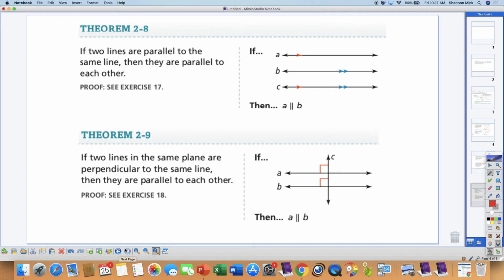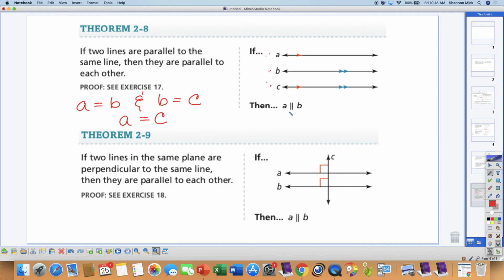This one says if two lines are parallel to the same line, then they are parallel to each other. Isn't that the transitive property? If A equals B and B equals C, does A equal C? That's the transitive property, correct? Yes. And so it just says if A is parallel to B and B is parallel to C, then A and C are parallel.